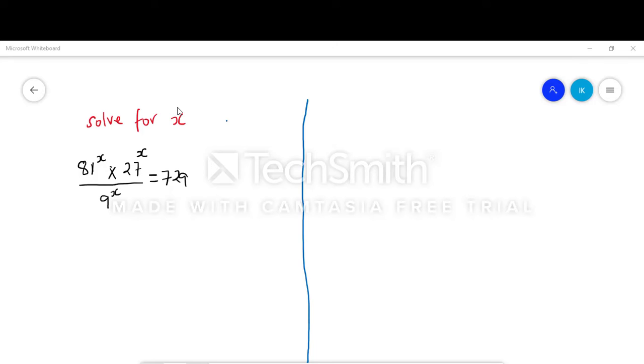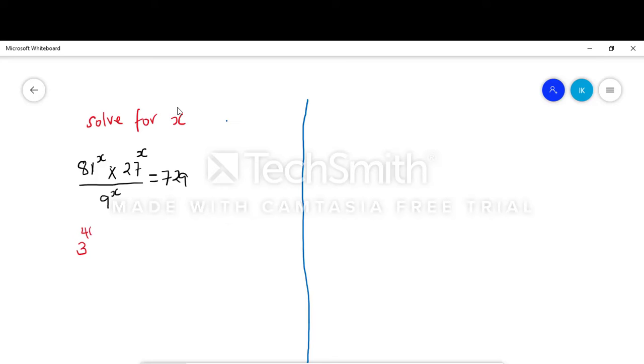And first what we do is we express 3 as the base for all these numbers. Let's go. So 81 is clearly the same as 3 to the power of 4.